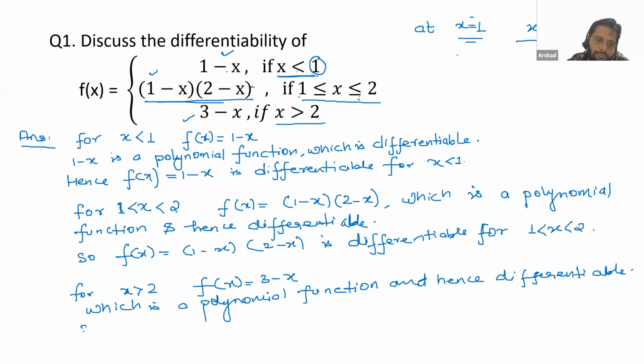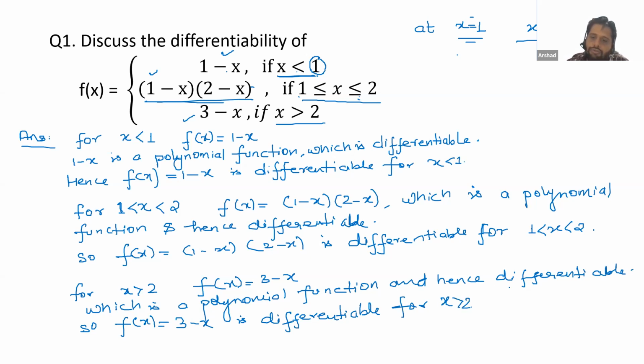So f(x) equal to 3 minus x is differentiable for x greater than 2. So we have written the standard results for these. Now for the points 1 and 2, we will find the LHD and RHD.